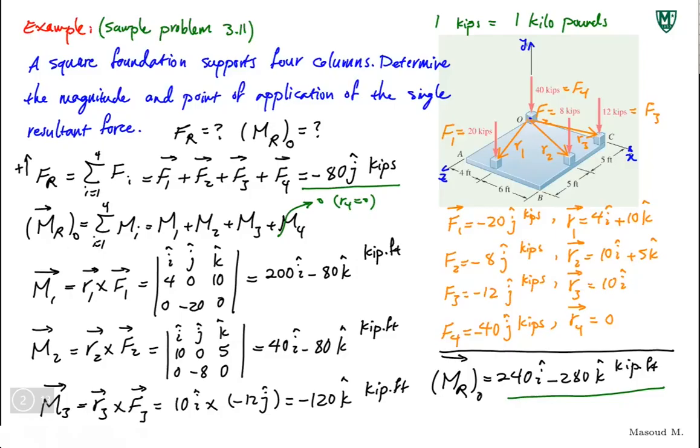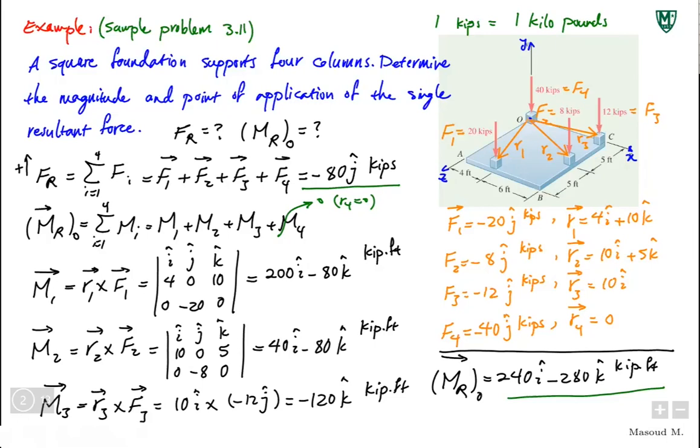Now, what we are asked to find is an equivalent system that only has one resultant force, and there is no resultant moment. So, to do that, I have to move this force around somewhere in this XZ plane.